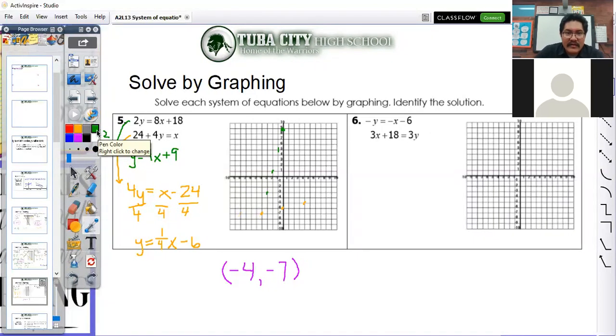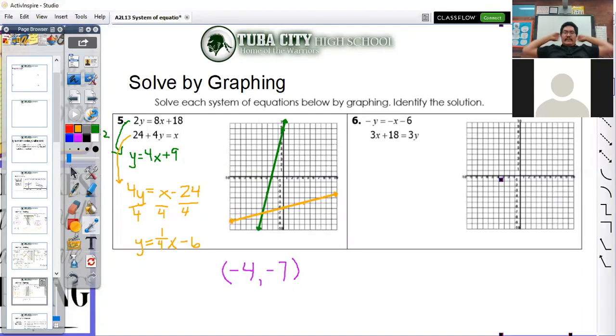Now let's go ahead and draw our lines, because it does say in the directions to graph it. So we got to graph it. And we identified the solution already, so that takes care of that. We did our best to connect those dots, and it worked out pretty well.